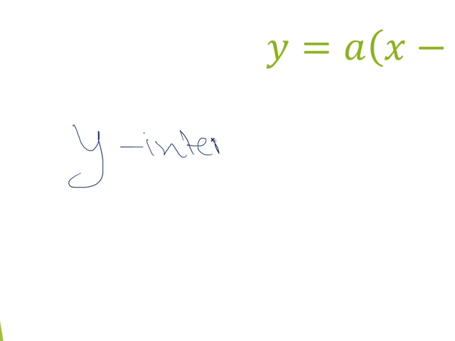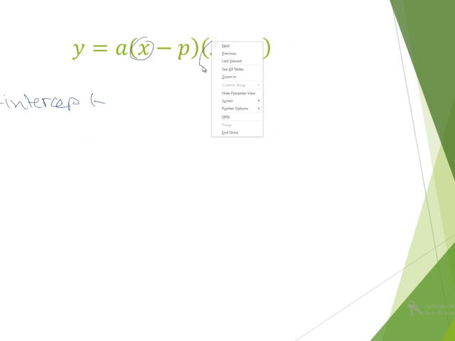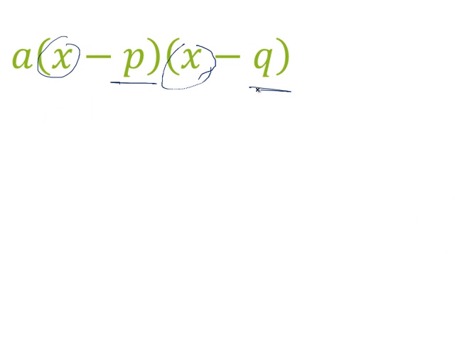To show an example, in order to find the y-intercept, we can just replace the x with 0, and we'll get the y-intercept. In order to get the x-intercept, we just take the p and the q values here.